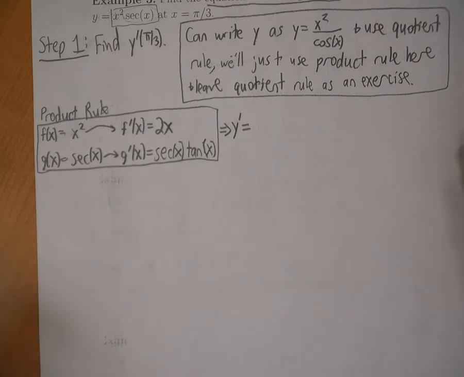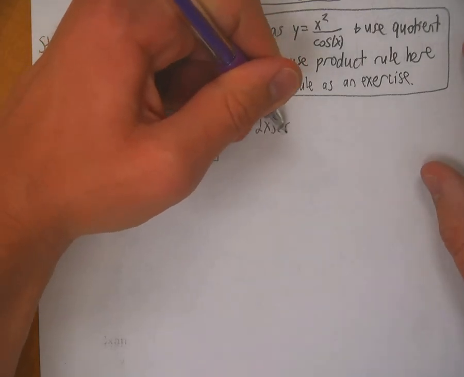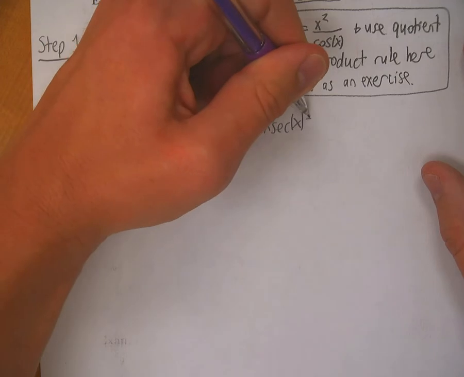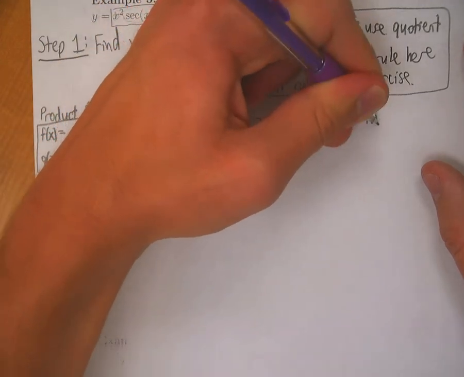Yep, so 2x times secant of x plus x squared times secant of x times tangent of x.